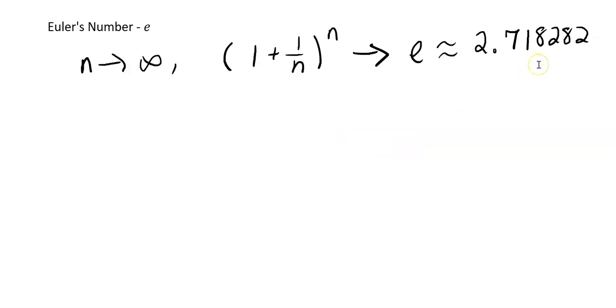Now, it's a decimal that doesn't end, and the further you go, so if you put in 1,000,000, you're going to get a more accurate version. If you put in 1,000,000,000, a trillion, and so on, you're going to get more accurate. But we head toward this number e, and e is what we use if we want to compound continuously.